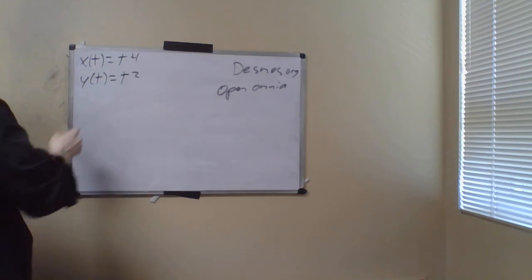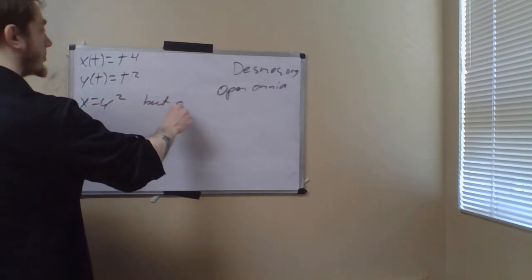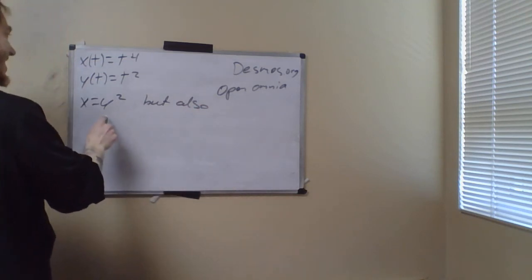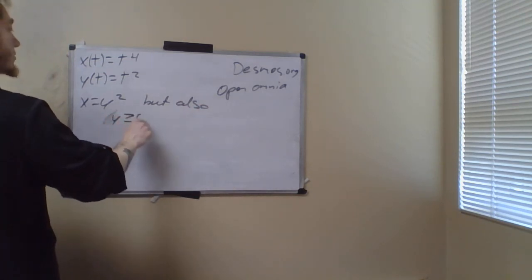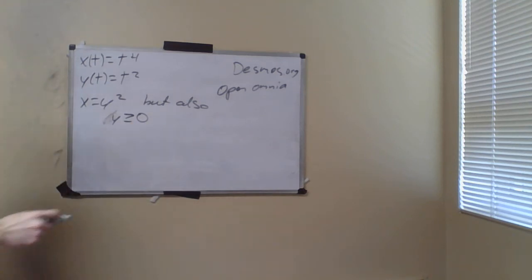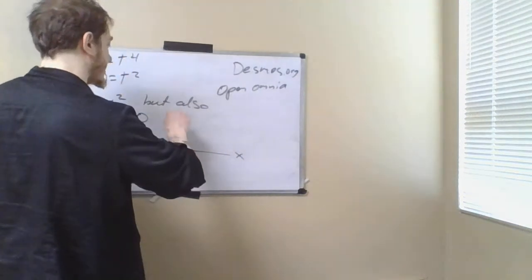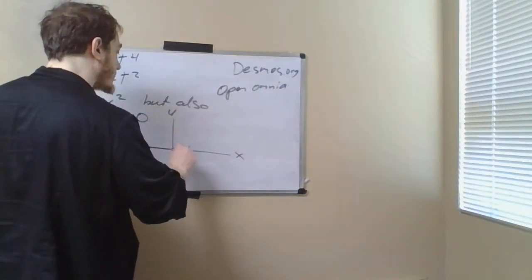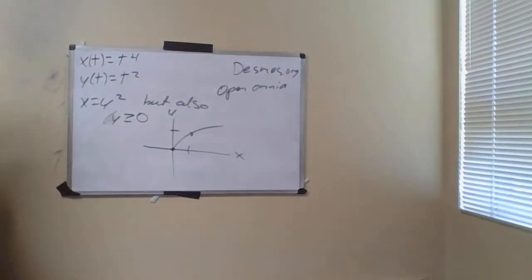Well, what we would end up with here is that x is equal to y squared, but also that y is bigger than or equal to 0. So the picture that you would end up with would be a parabola that is on its side, but only half of the parabola, okay? Because you're restricting your y values to be bigger than or equal to 0.